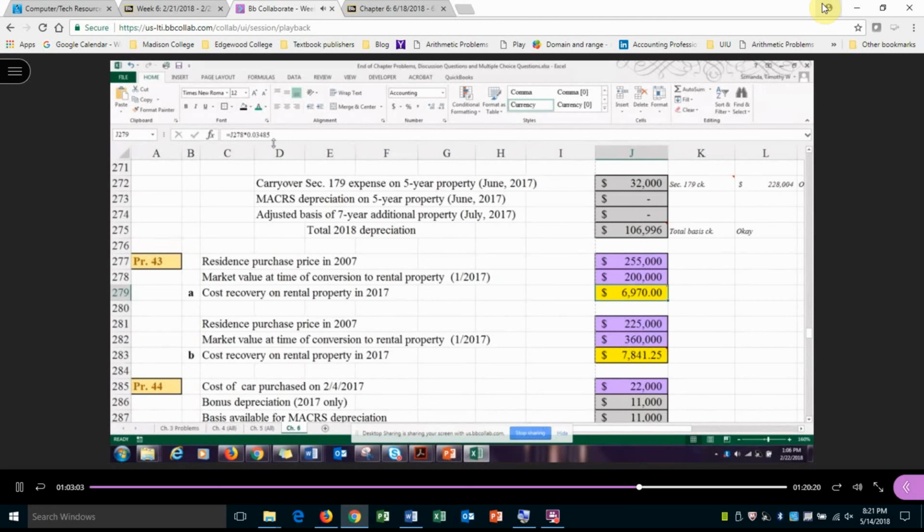It's the first month, January, and this happens to be the first year of recovery that we're calculating. So that's 3.485%. So 0.03485 times the cost of the residential building gives us our depreciation.